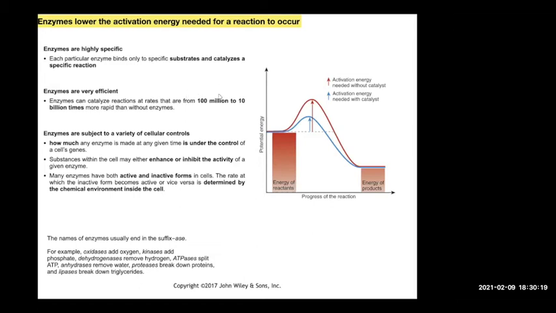And as I said, the chances of those things colliding with enough energy and in the right orientation is very rare. So this is from the book, 100 million to 10 billion times more rapid than if you had to rely on overcoming this activation energy. And the other point is it's got to put these two molecules together in the right orientation. And so this is what your enzymes are doing.